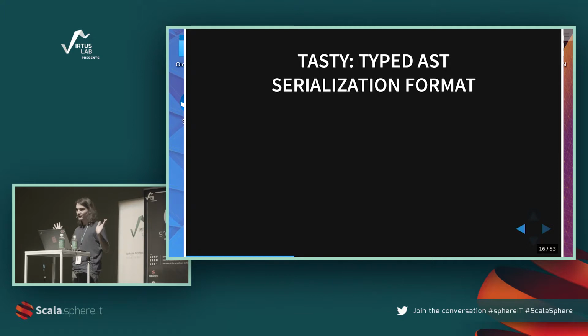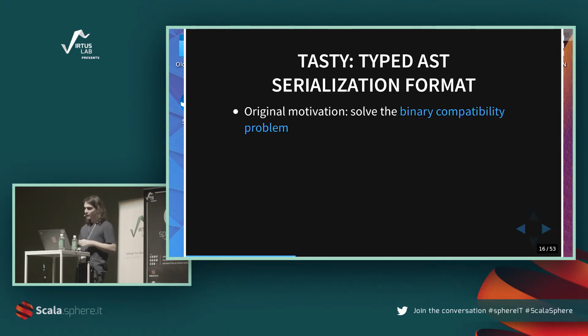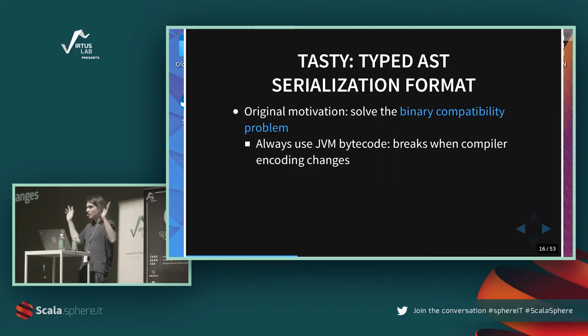This is what we call Tasty, because pickles are tasty. It's a typed abstract syntax tree serialization format. And the main motivation is to solve the binary compat problem, which is that if you have dependencies which use JVM bytecode, then when you change something in how the compiler emits bytecode, you might break your binary compatibility.